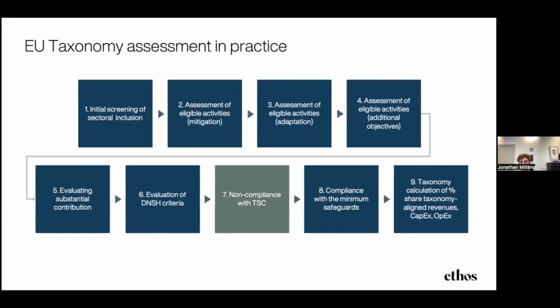You have to ensure that the whole company is complying with the minimum safeguards regarding fair competition, tax, anti-corruption, and human rights. And hopefully you will end up with the conclusion that you are taxonomy aligned, and then you are going to do your calculation of the share of aligned revenue, CAPEX and OPEX.